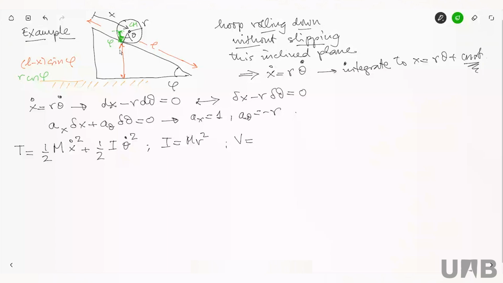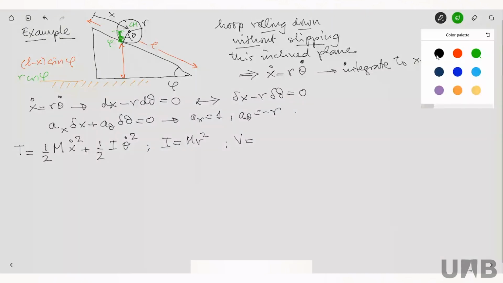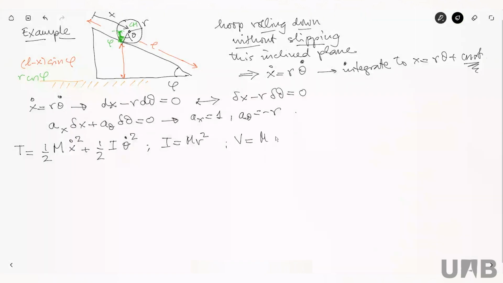And I know that I don't have to worry about constants added to the Lagrangian. They are not going to do anything. So I can forget about the green part. So the potential is m g (L minus x) sine phi, that's the red part, and m g r cosine phi, which is the green part. But this I could forget about if I want.